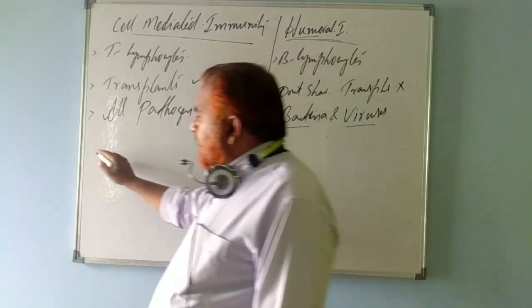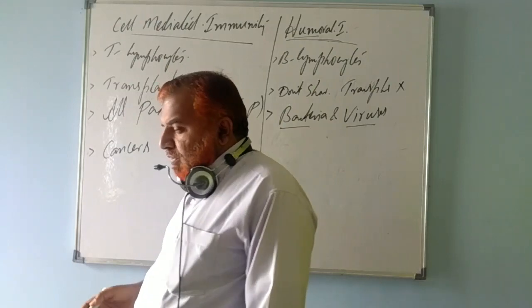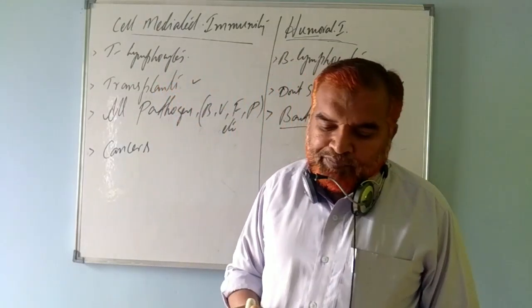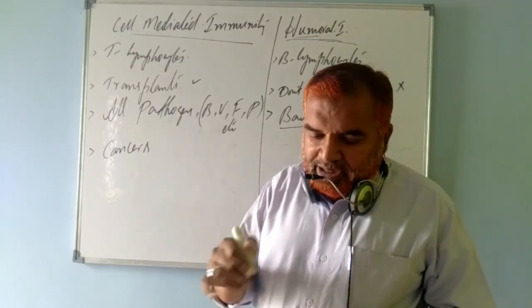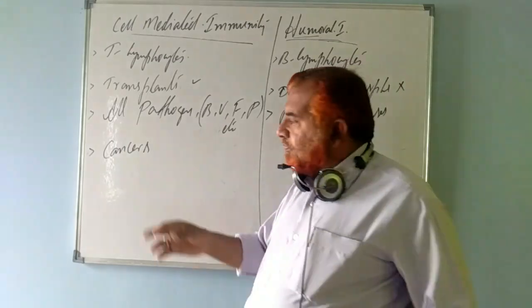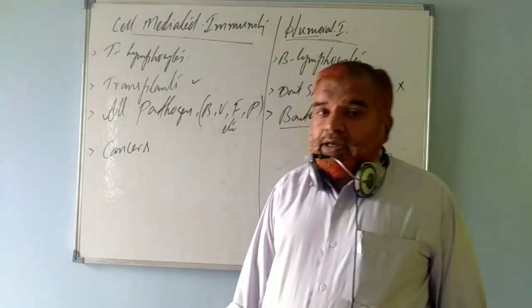Now, this type of immunity also shows immunity against cancers. What do you mean by that? If any tissue or organ is dividing and growing, in the same chapter we will discuss cancer.